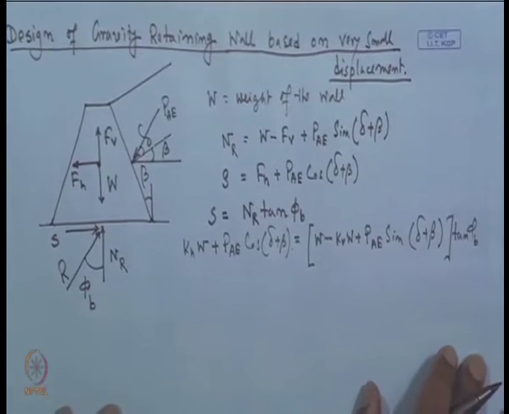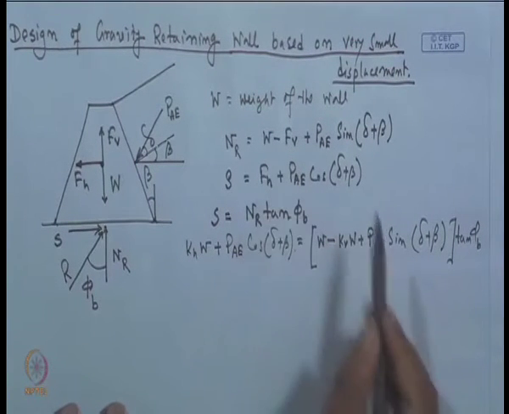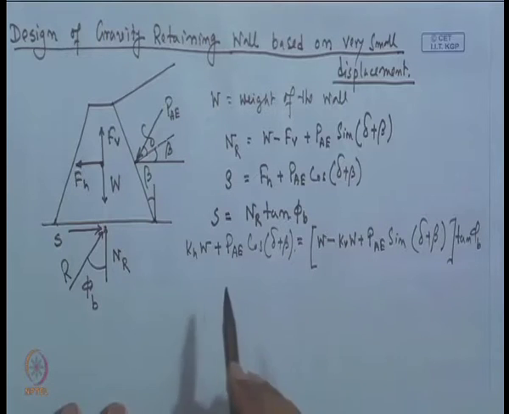So, here F V has been replaced by Kv into W.